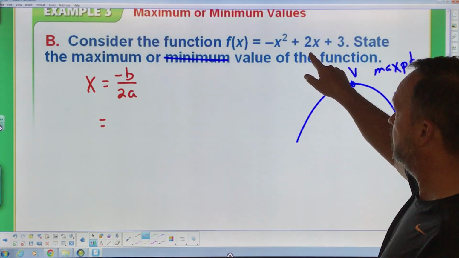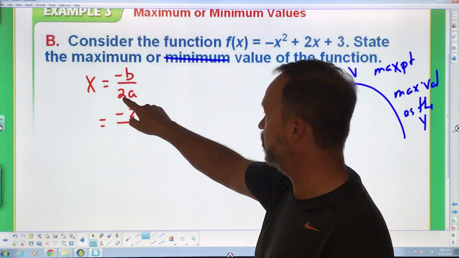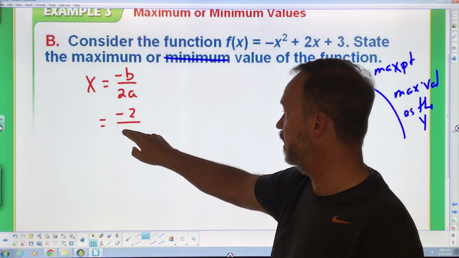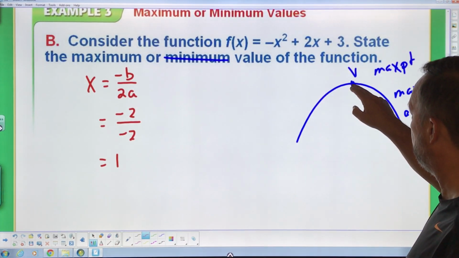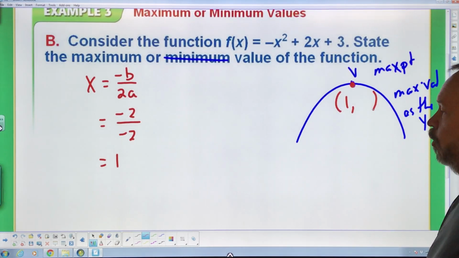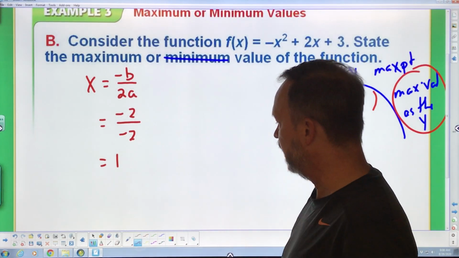So we look at this, b is 2, so the opposite of b is negative 2. And 2 times a, since a is negative 1, is negative 2, so it's 1. So this point right here, the x is 1. If I knew the y, then I know the maximum value, and that's what they're asking me for here. How do I find the y?